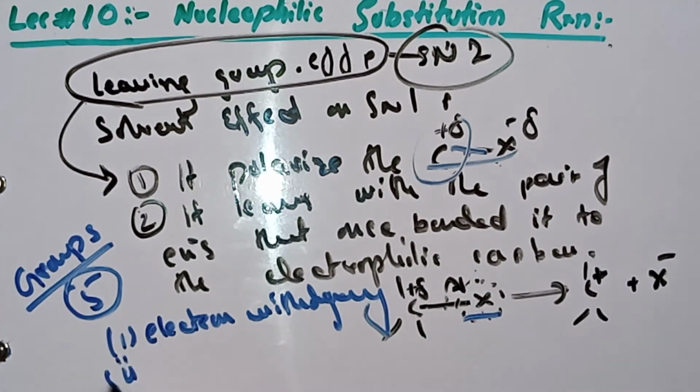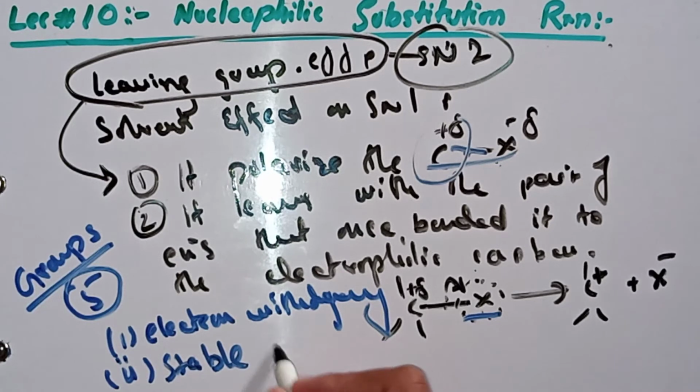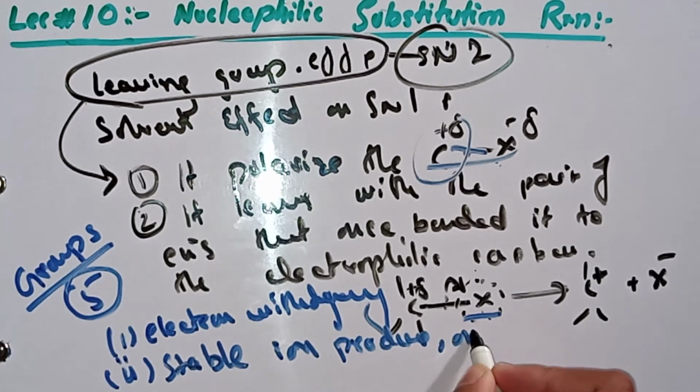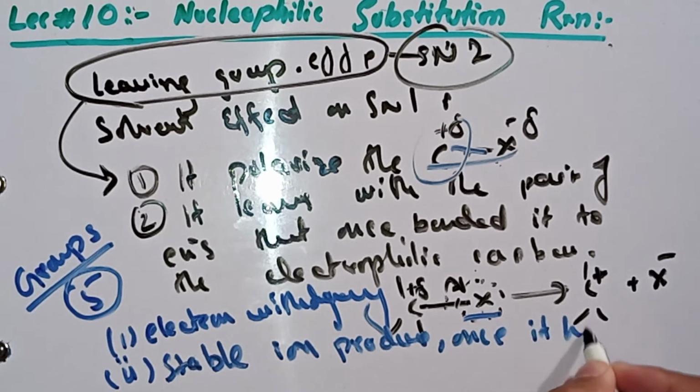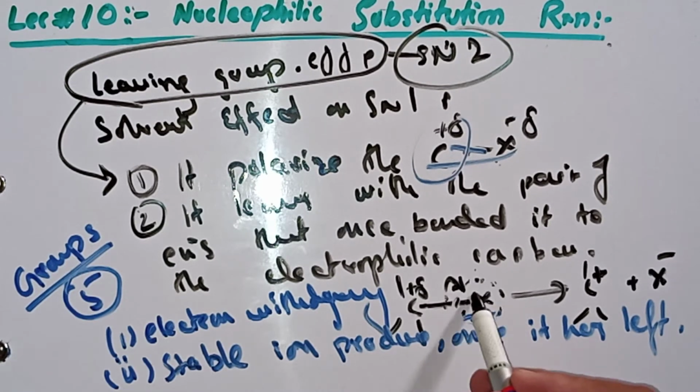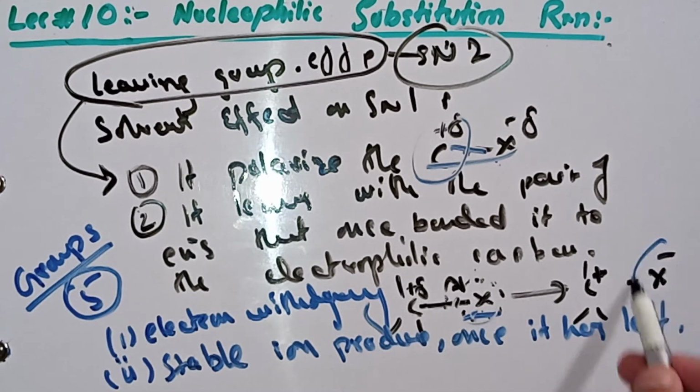The second characteristic is that it is a stable ion or not a strong base. A stable ion is produced once it has left. As the halide ion, the leaving group, leaves the system, it becomes stable.